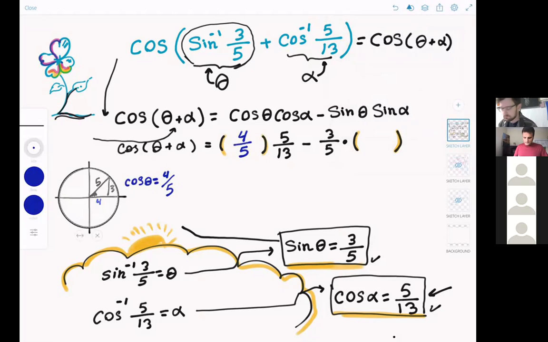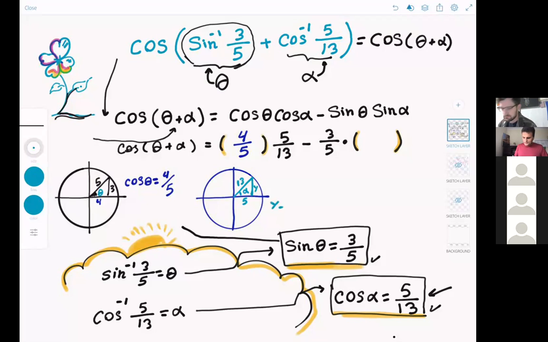We make another circle next to this part. This was theta, I make this one alpha. It would be 5/13. We use the Pythagorean theorem. This is y, which will be 12.